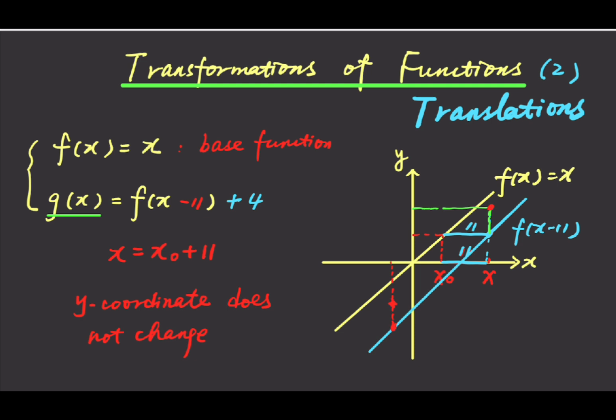It should be here. Similarly, you can get the other points, then you connect every point. Then you can get this f(x minus 11) plus 4. This is the transformed function g(x).